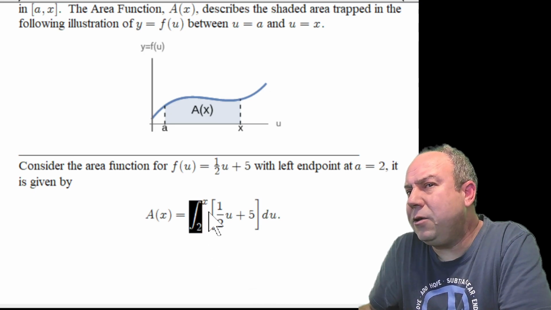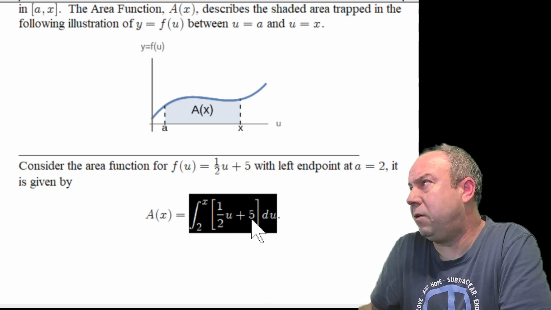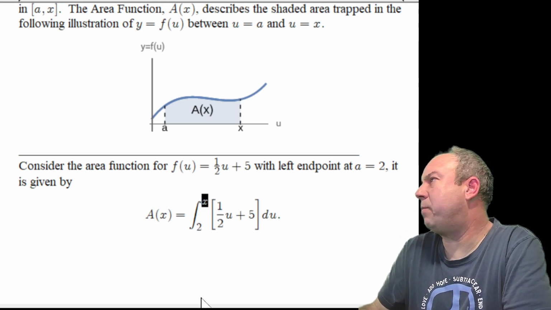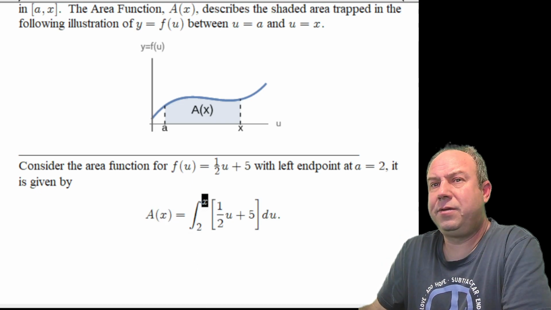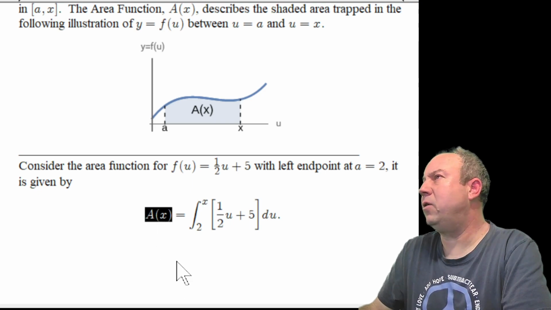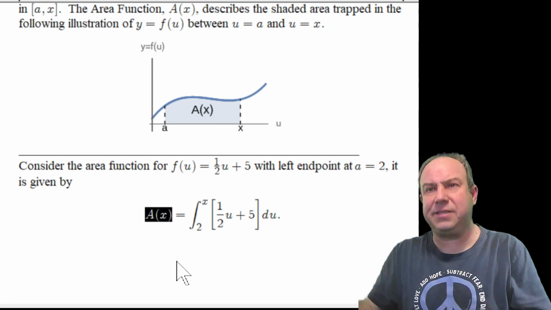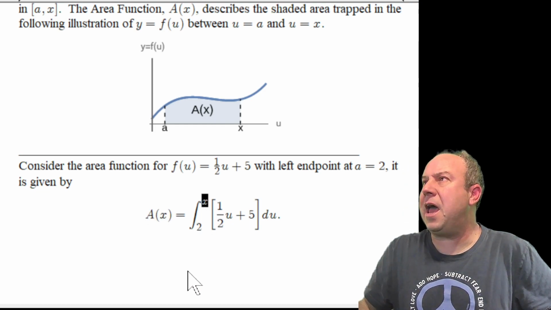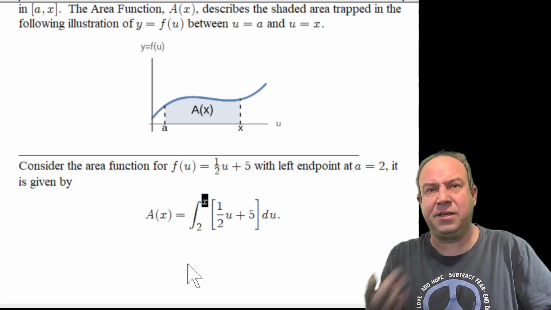The value of this definite integral depends upon what I select for x to be this upper bound. And what we're considering now is the area that accumulates starting at 2 and continuing up to x, whatever x happens to be, this independent value.